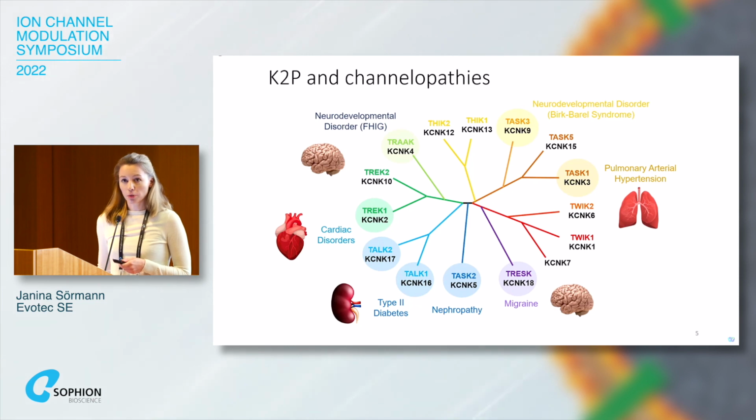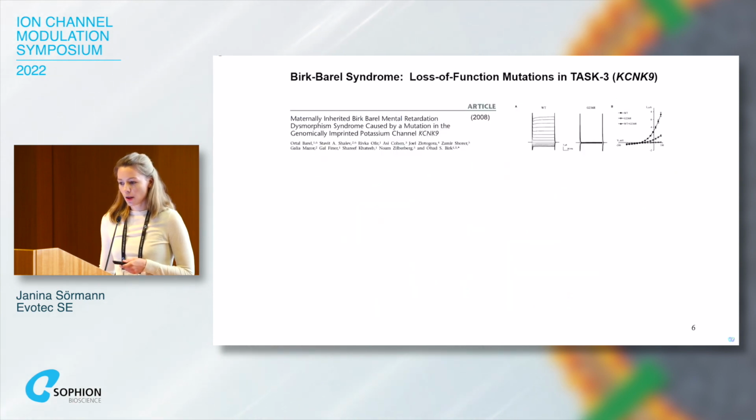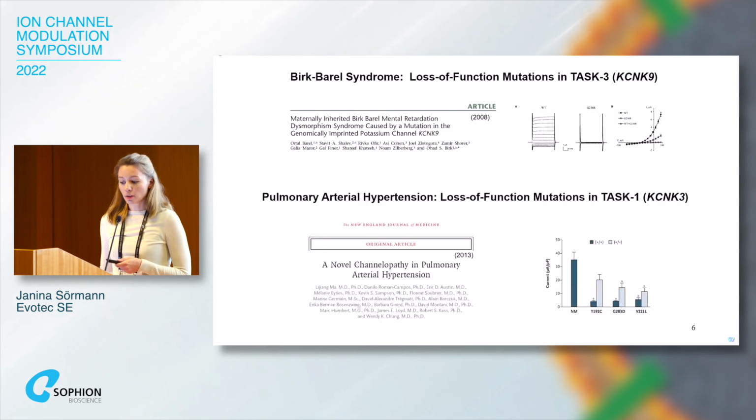In my talk, I want to focus on 2 channels, TASK-1 and TASK-3. A loss of function in TASK-3 leads to the severe developmental disorder called Birk-Barel syndrome, and a loss of function in TASK-1 leads to pulmonary arterial hypertension.